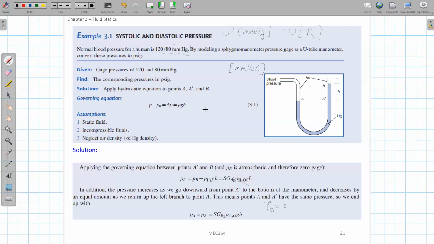So you can also neglect it, because your blood pressure is much larger than the atmospheric pressure. Maybe that's also the reason this problem drops PB. But to make it simple, you can just assume PB equals 0.